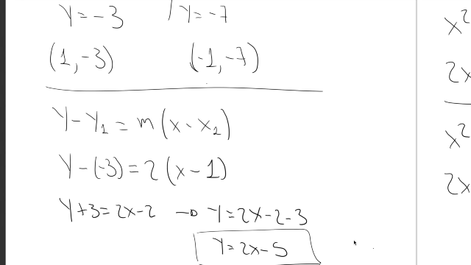Maybe there are other problems where, if you do this same process for the set of coordinates that you find by comparing the function you're trying to find the parallel tangent lines with, you're going to find different solutions. Maybe one is going to be y equal to x minus 5, but the other one can be a different function. So if, when you're solving your assignment, you find that the solutions are not giving you the same function, don't worry about it. That means that there's more than one line that is going to be parallel, and that's all that matters.